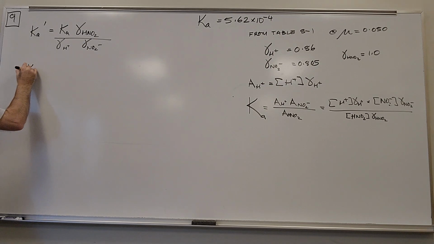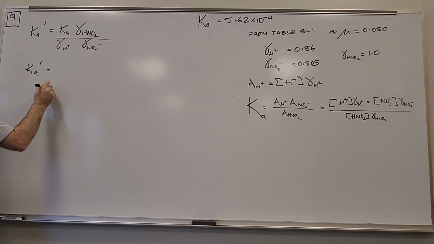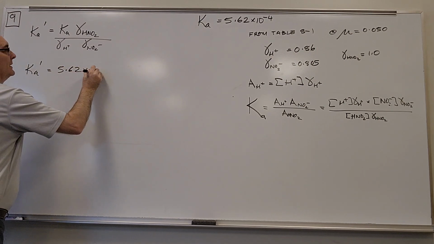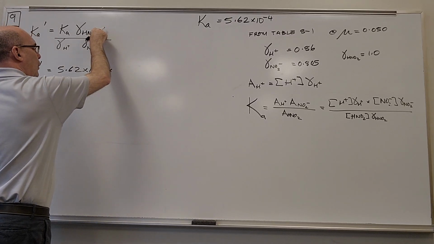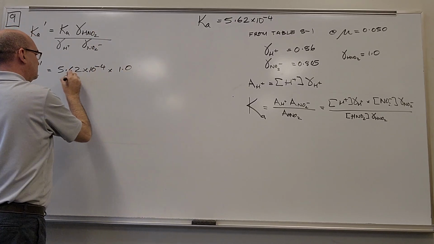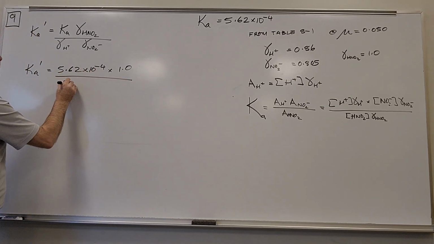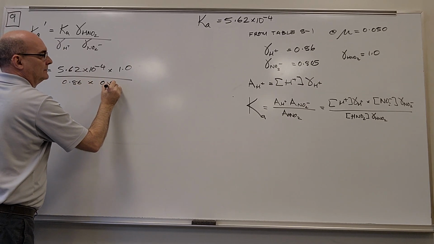Okay, so our new Ka is 5.62 times 10 to the negative 4 multiplied by 1 divided by 0.86 multiplied by 0.805.